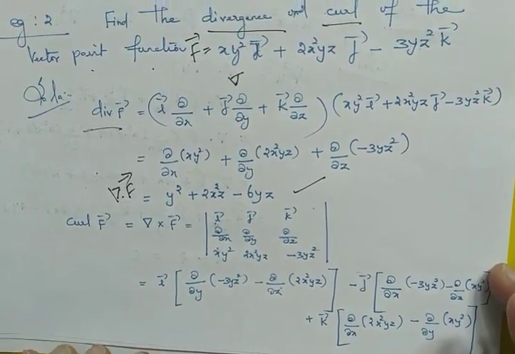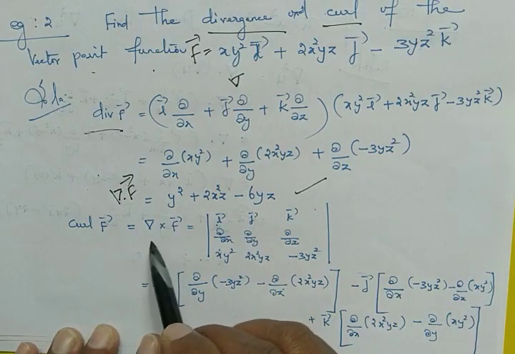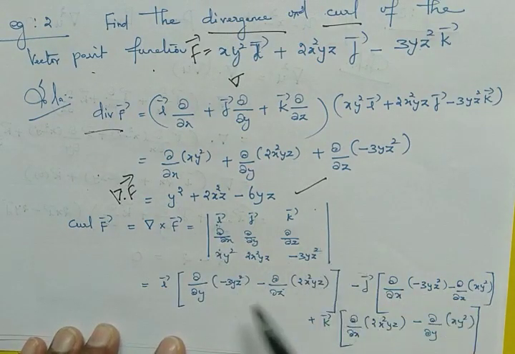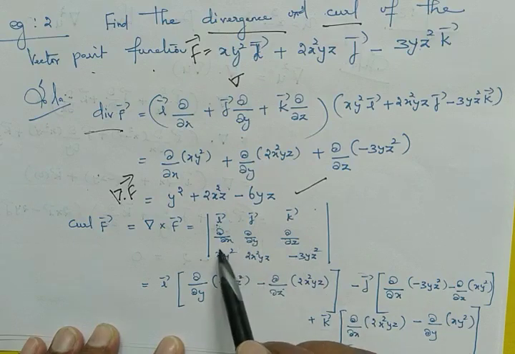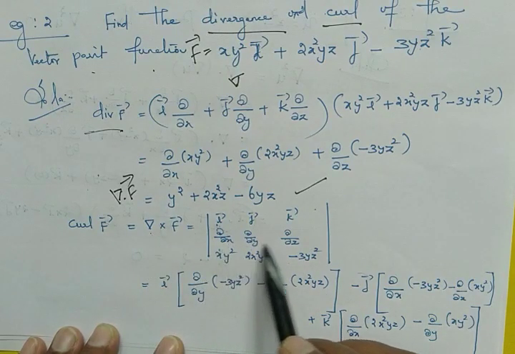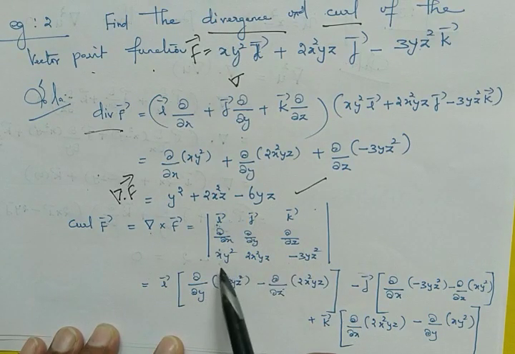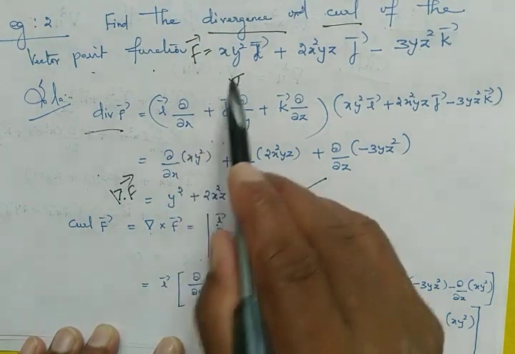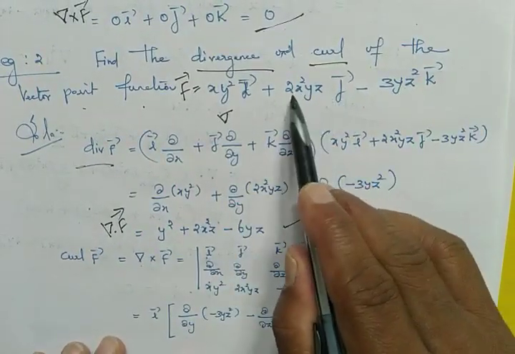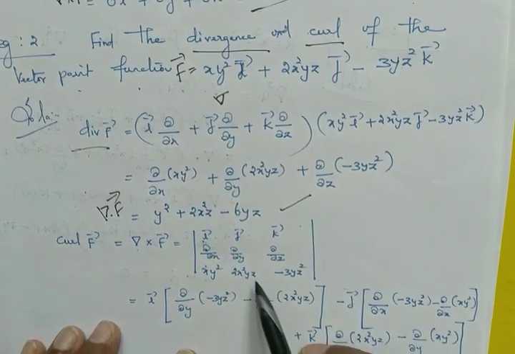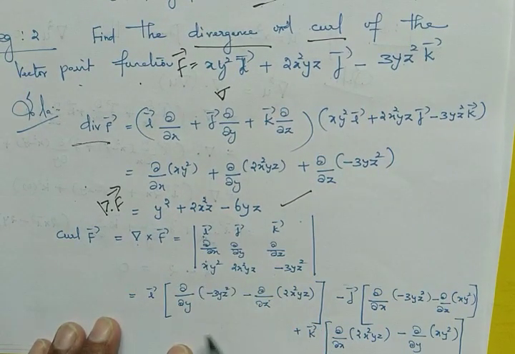The continuation of that, you have to find the curl. Curl is a cross product, so you are going to form a determinant. The first row is i, j, k, the second row represents the del operator's coefficients, and the third row is the given vector f, whose i coefficient is xy², then the j coefficient 2x²y, and so on. You expand the determinant and differentiate partially with respect to y and with respect to z.